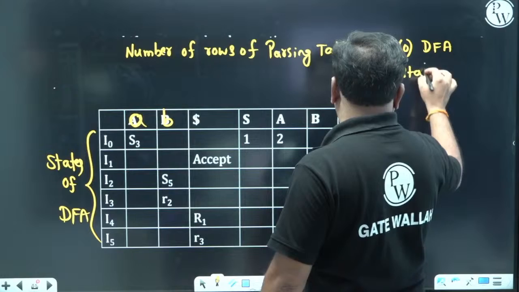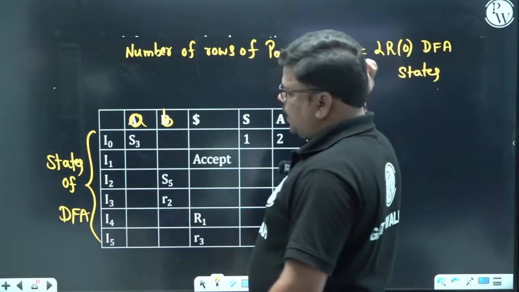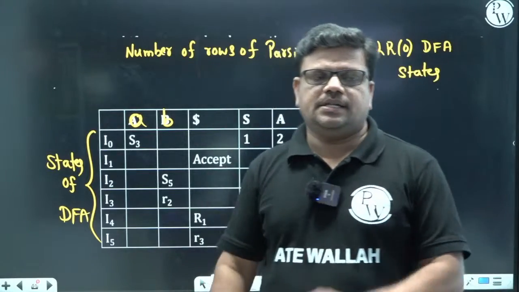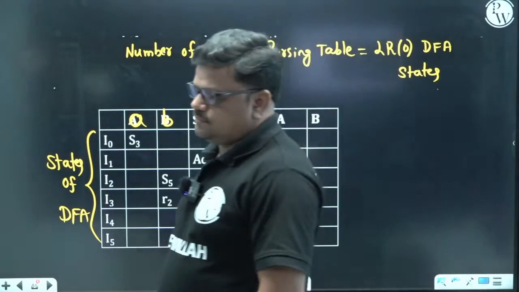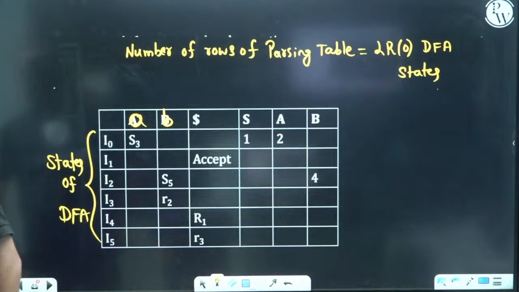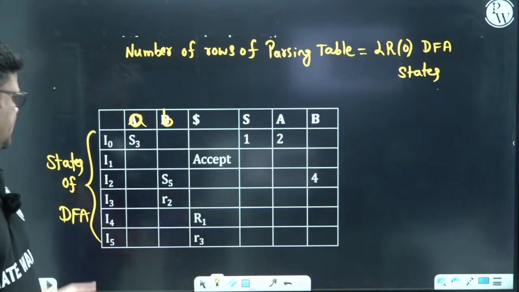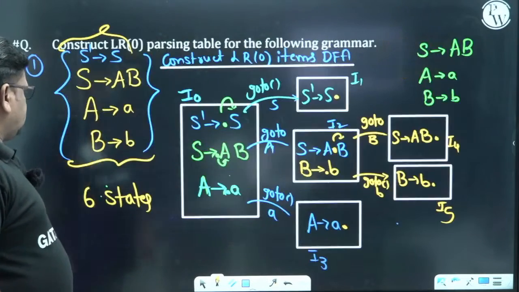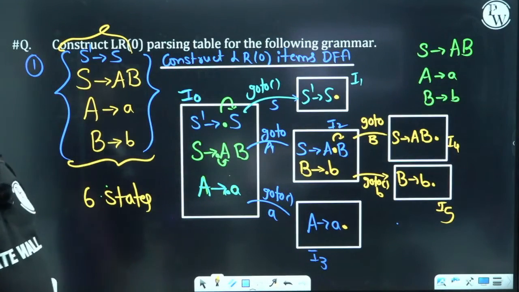However many states come in the DFA, those many rows we get. Is it clear? So the DFA is the main thing. Then shift, reduce and everything else is very easy once we are able to construct this.